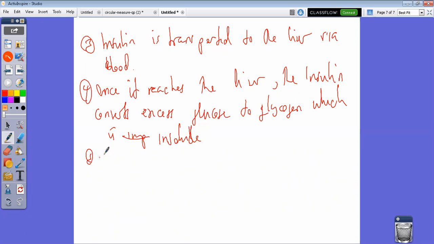Clear? The glucose level returns to normal. Is that clear?